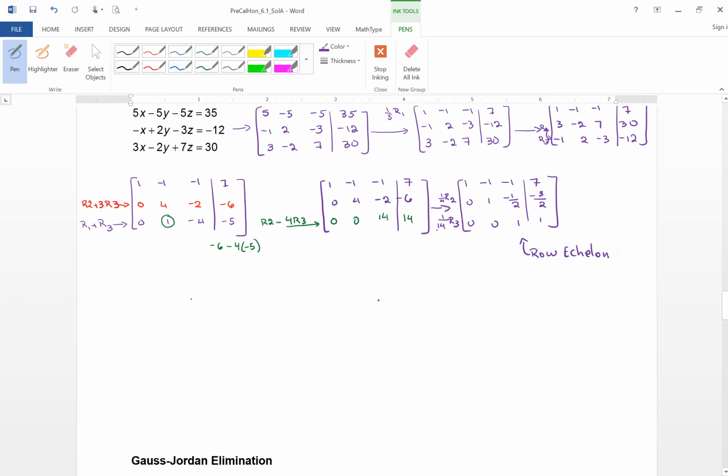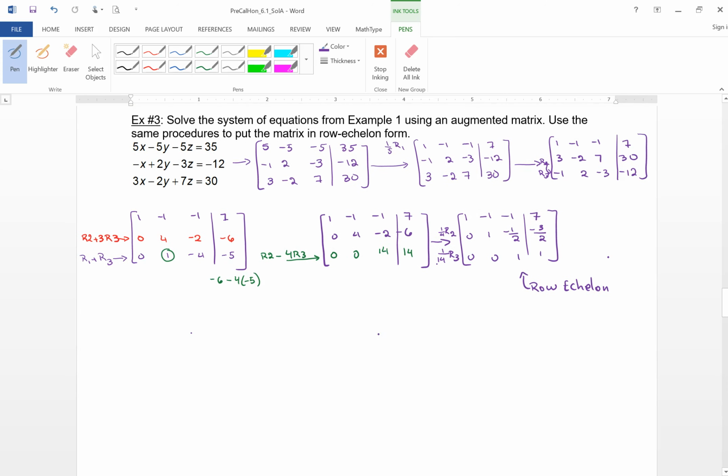Okay? Now, what does this mean? When we initially set up our matrix with our coefficients, if you look at the first column, 5, negative 1, 3, these are all of the coefficients of the x's, right? So this is the x column, this is the y column, and this is the z column.